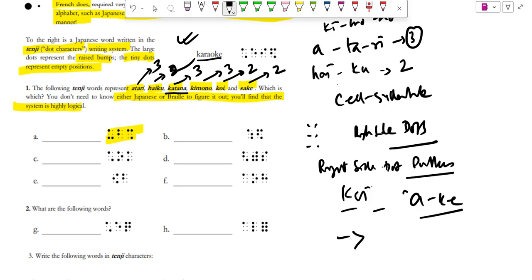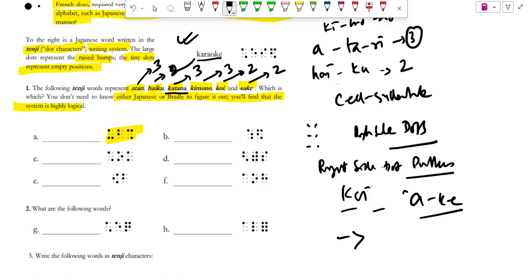Among the remaining 3-cell ones, haiku has 3 different vowels, and atari and kimono can be done the same way. If G has 2 cells, they may be sumo or miso, and the final structure can be associated in this way.